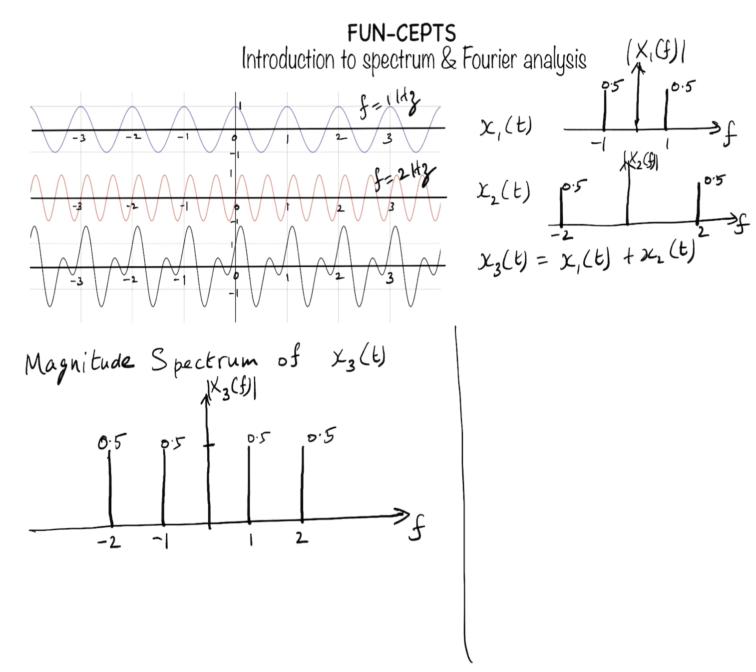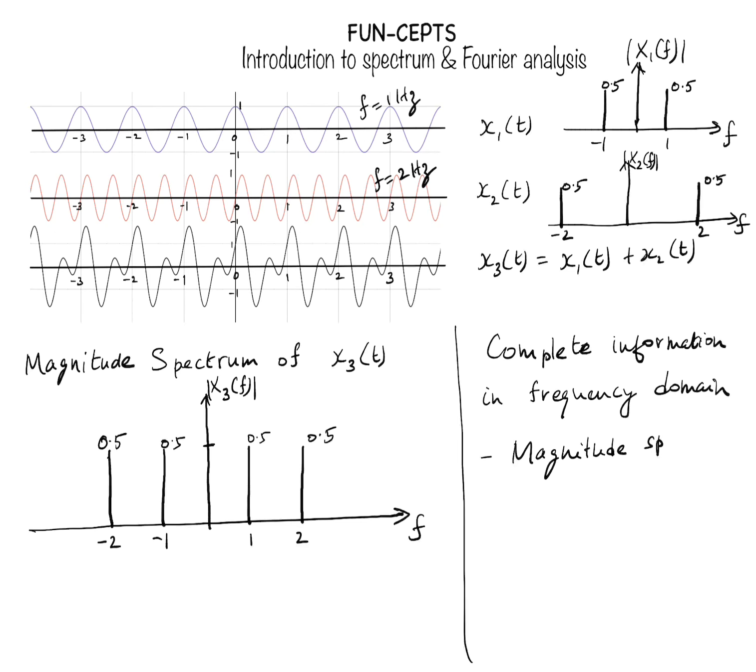To get the complete information in the frequency domain, we need two parts of the spectrum. One is the magnitude spectrum, and the second one is the phase spectrum.